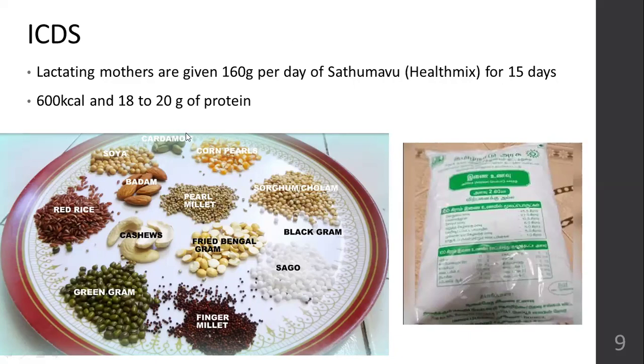It's a mix of pulses, legumes, and some spices like cardamom, seeds, and nuts. All these are roasted in equal quantities, a little bit roasted into an aromatic roast, and then ground well, separately mixed, and given. 160 gram per day is taken.